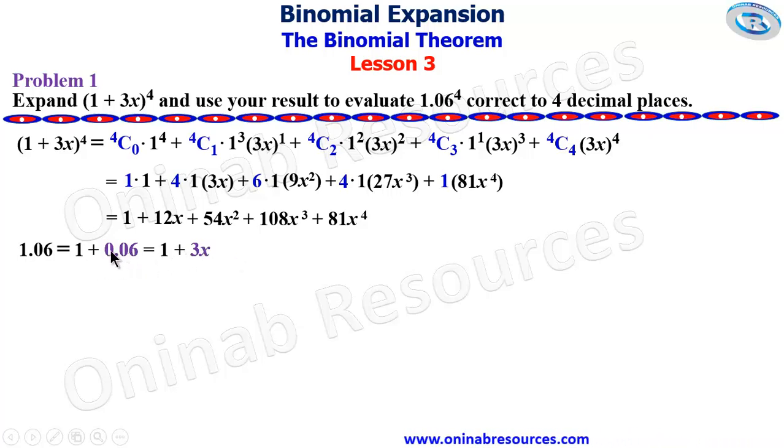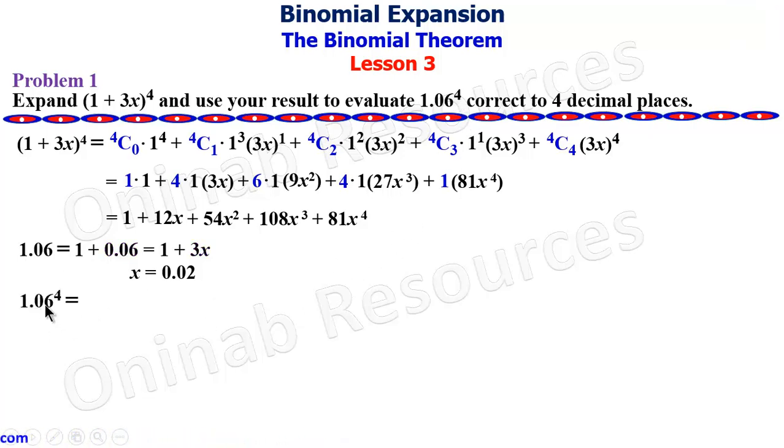Which means 0.06 is corresponding to 3x, since 1 is corresponding to 1 here. That means x is 0.02 if you divide both sides by 3. So this is what we are going to substitute into this to evaluate 1.06 raised to the power 4.